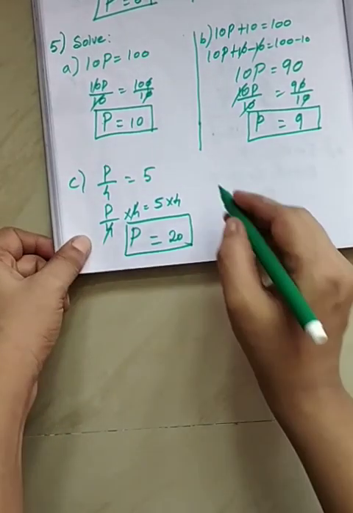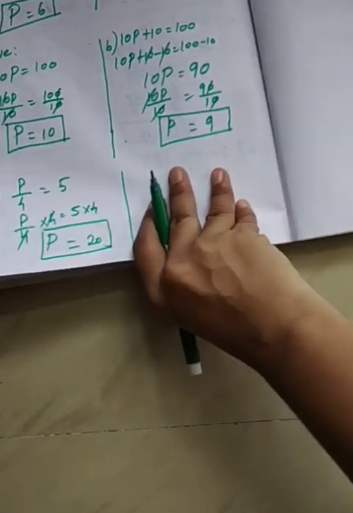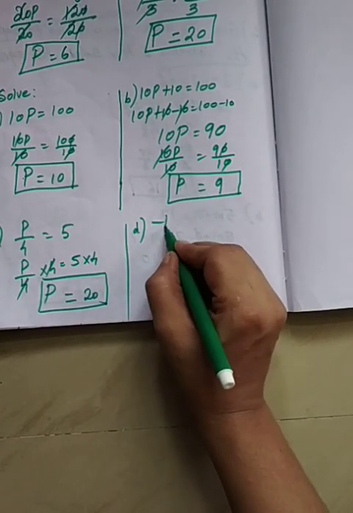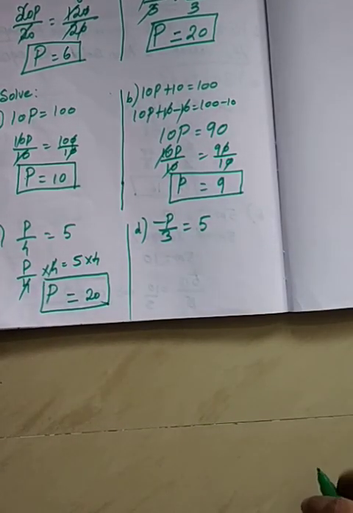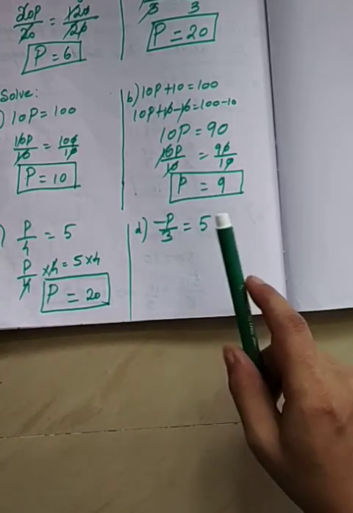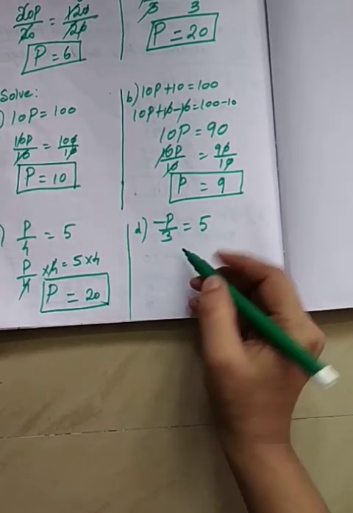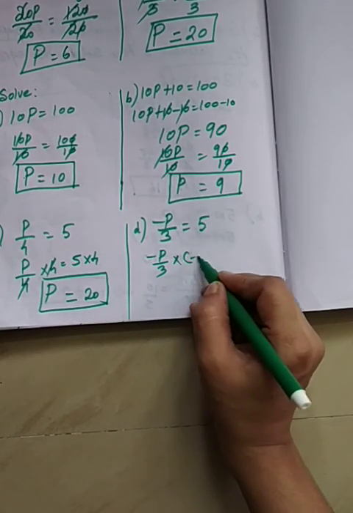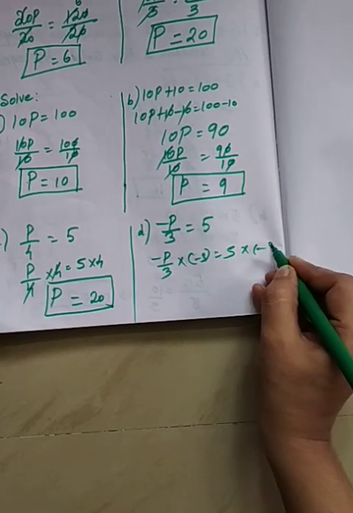Okay. See the next problem. The same method. Minus p by 3 equal to 5. First you have to remove this minus 3. So you can multiply by minus 3 on both sides. So minus p by 3 into minus 3 is equal to 5 into minus 3.